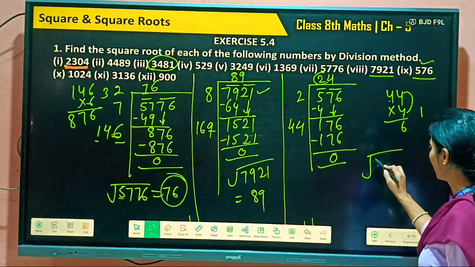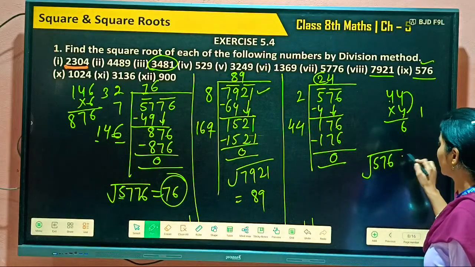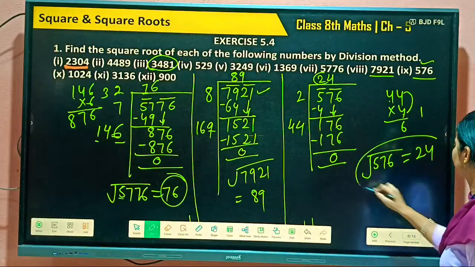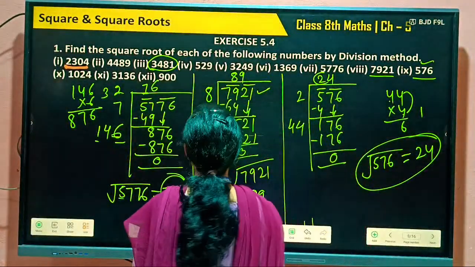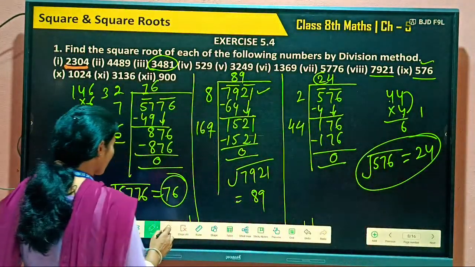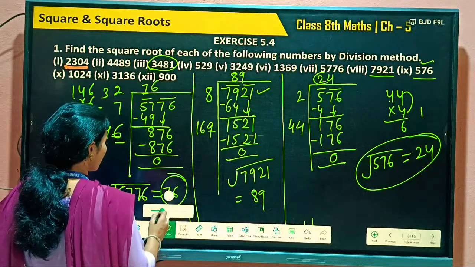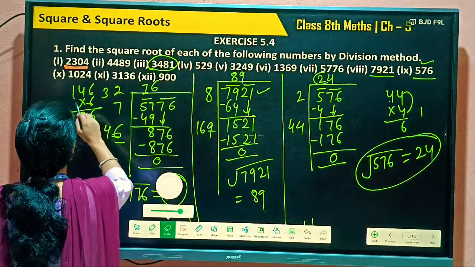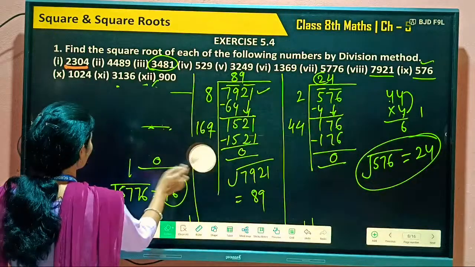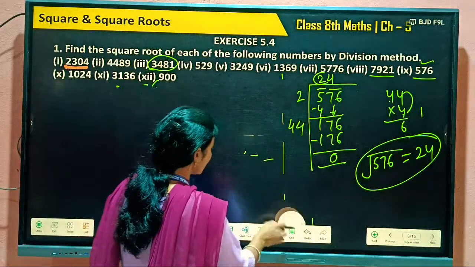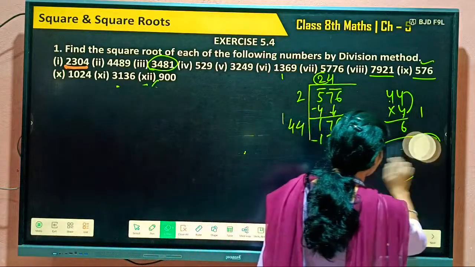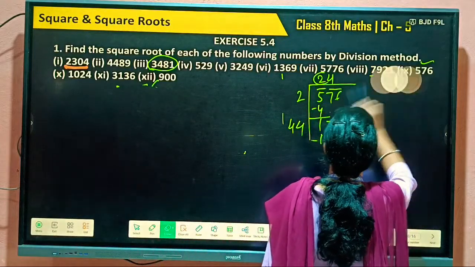So the square root of 576 is 24. This was question part number 9. Now we are going to do part number 10. What is the 10th part? 1024. Its square root we have to find out by the division method. Let us see.